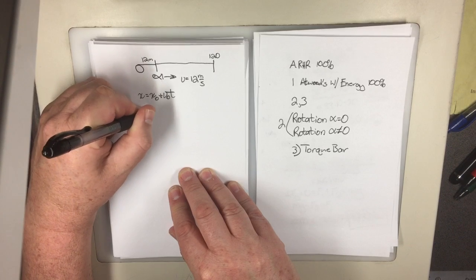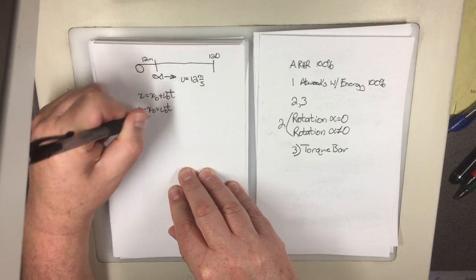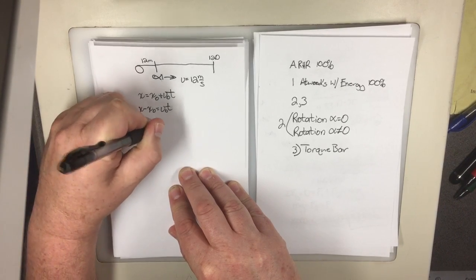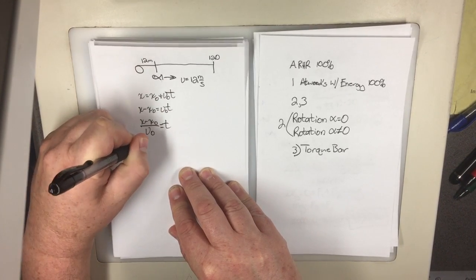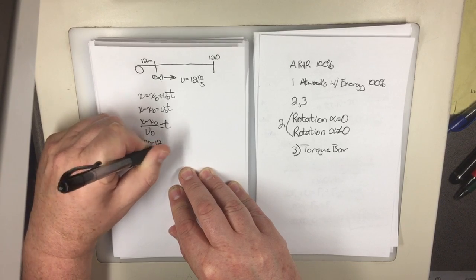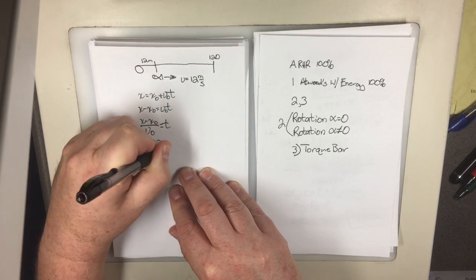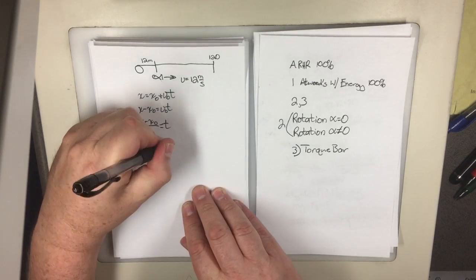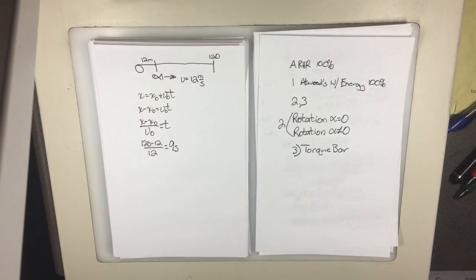X minus X naught equals V naught T, so X minus X naught over V naught is equal to T. This means 120 minus 12 divided by 12, and that gives me 108 divided by 12, or 9 seconds.